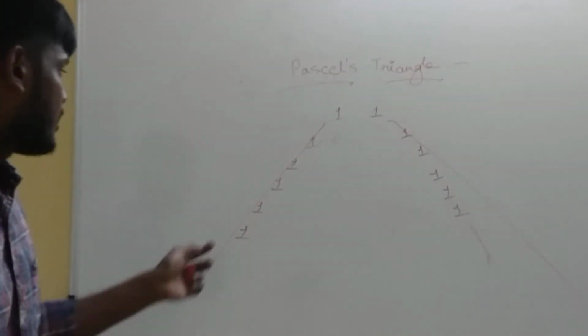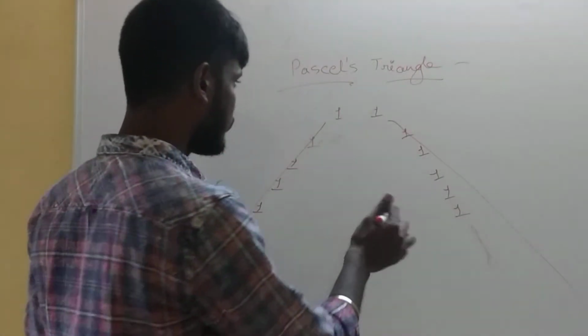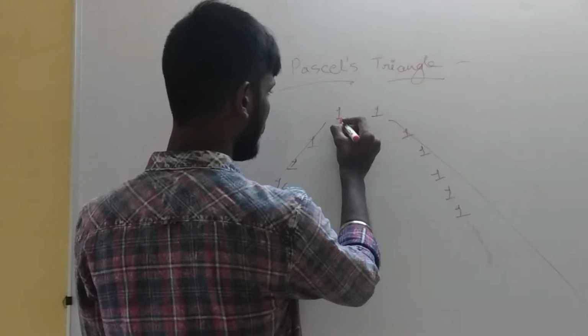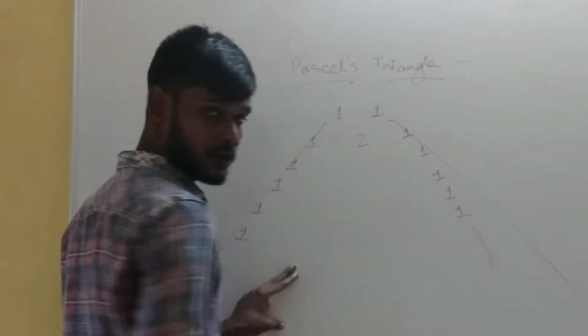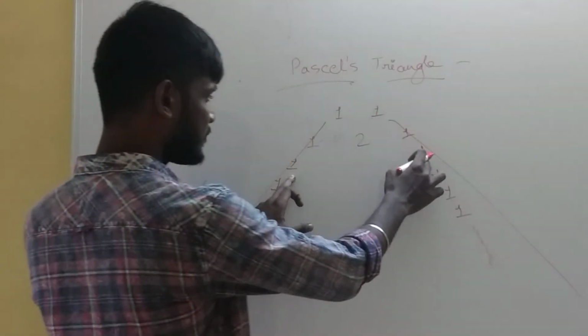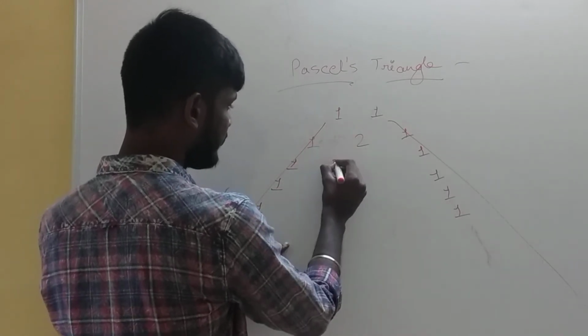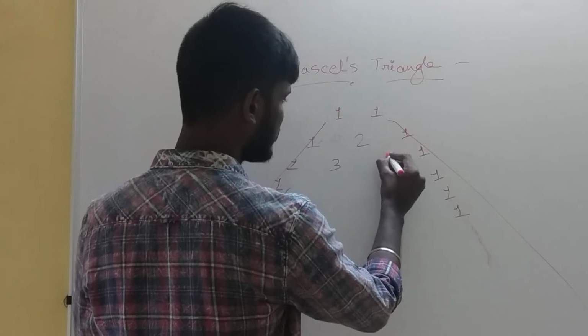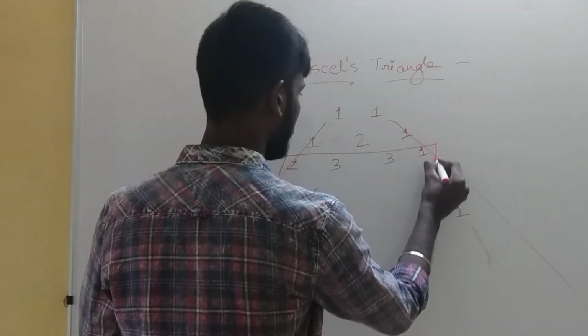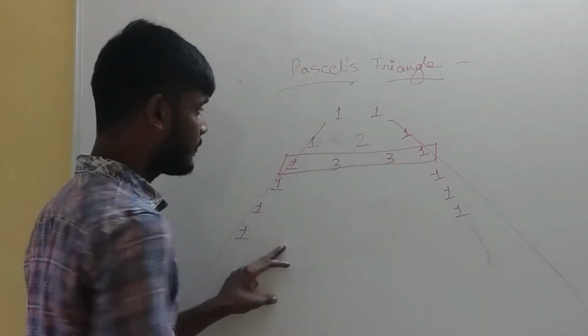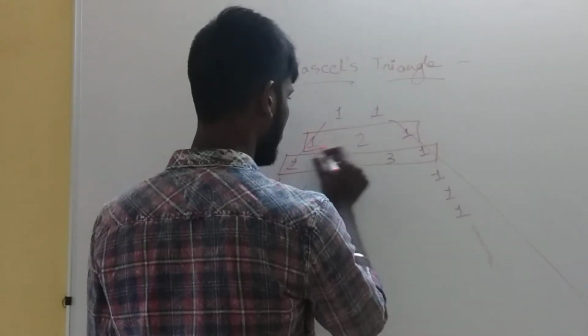Then, what we will do is 1 plus 1, that is 2. Now for the next series, I have to add these two, that is 1, then 2 plus 1 is 3, 2 plus 1 is 3, that is 1, 3, 3, 1. This was 1, 2, 1.